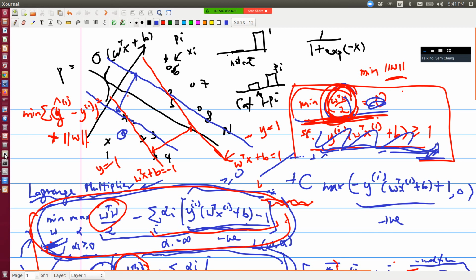And the kernel trick is very useful as well. Of course, it's not clear how we are going to combine this with Lagrange, but this may come back. The kernel trick is not just used in support vector machines, it's used everywhere. You can have kernel linear regression, kernel whatever.